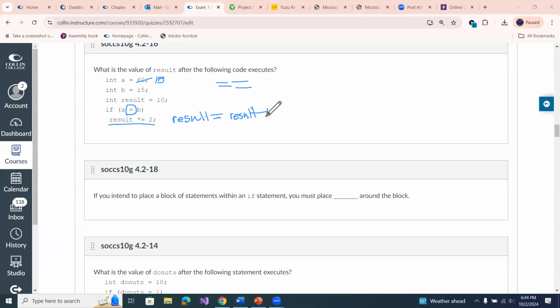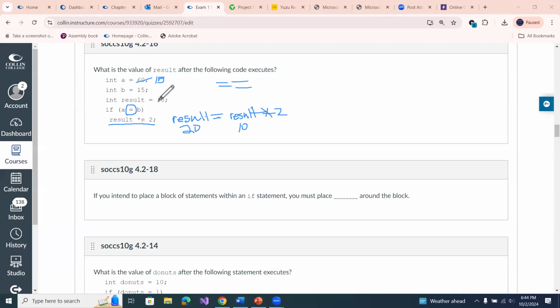Result times 2. So result is 10. So 10 times 2 is 20. So result is going to be 20. So when you have just one equal sign, it assigns, and then it just does this no matter what. Now, if you had two equal signs and it compared, it would have been false, and result would have stayed at 10.